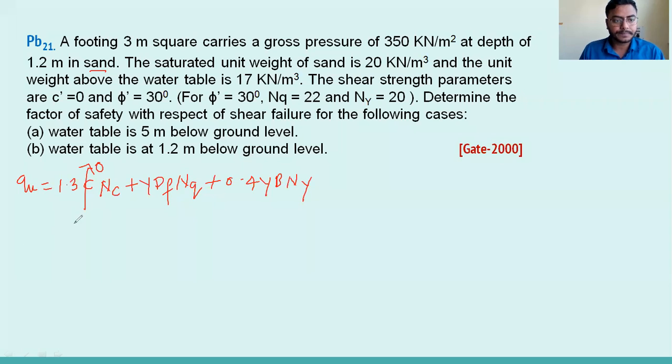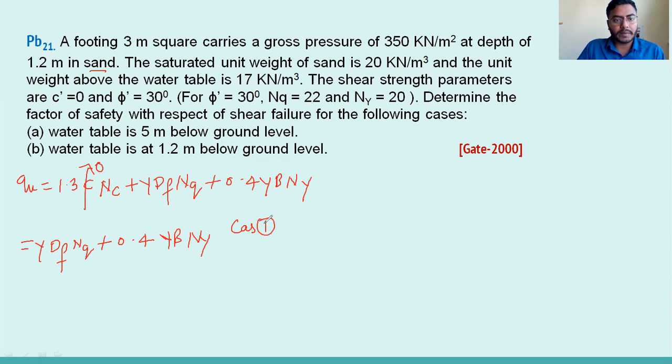We can write gamma DF and Q plus 0.4 gamma B and gamma, right? So let's calculate the ultimate bearing capacity and factor of safety for case 1. So what is case 1?